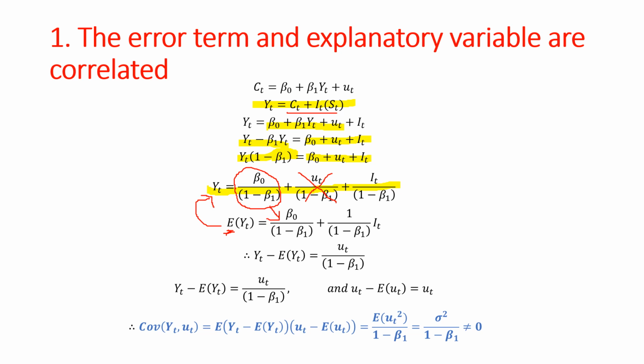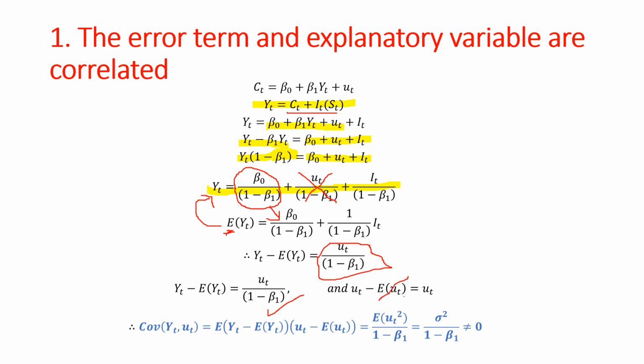we will have Y minus expected value of Y with the only remaining term equal to U over 1 minus beta 1. So now Y minus expected value of Y equals U over 1 minus beta 1. And of course, as we said, you know that the expected value of U equals 0.